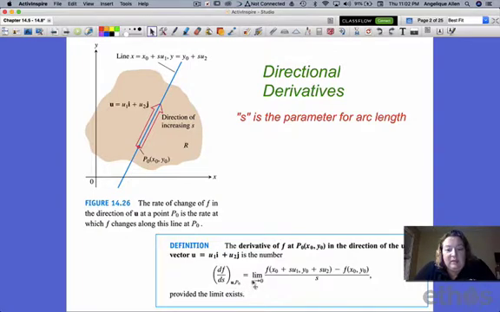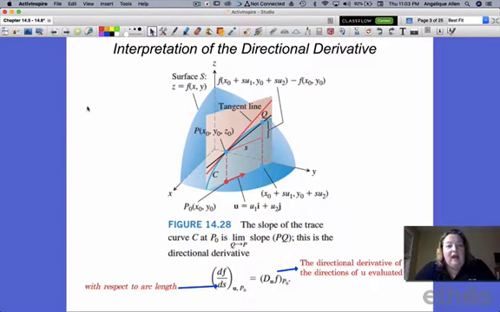So we have a limit definition of a derivative here: the limit as arc length goes to 0 of our function evaluated across this line minus the function value at that single point. So there are the changing output values divided by arc length as we take smaller and smaller chunks of our arc length. I like this picture. This gives me a better idea.